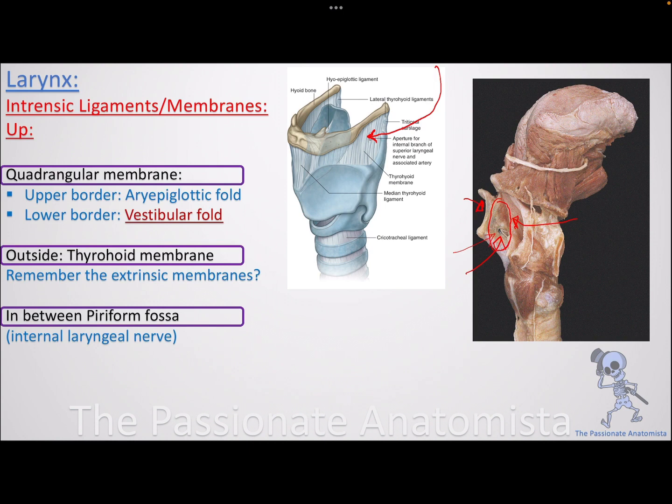If you want to have excision or removal of that material, you need to make sure not to injure the internal laryngeal nerve. This is why this information is important anatomically: this fossa has the internal laryngeal nerve, and it's an area of many exam questions.